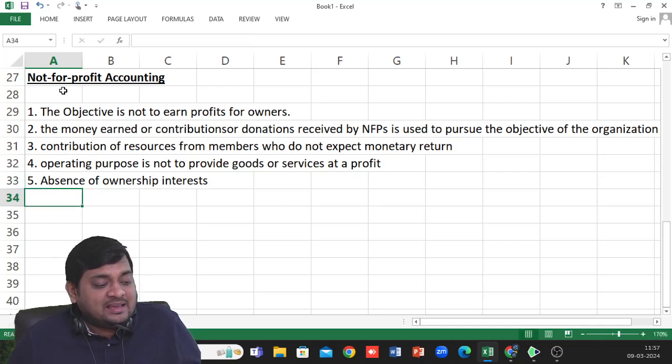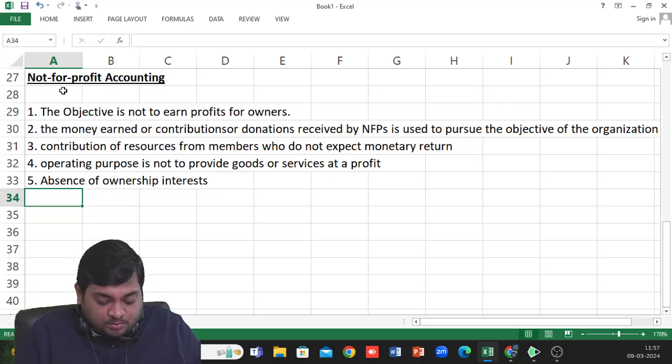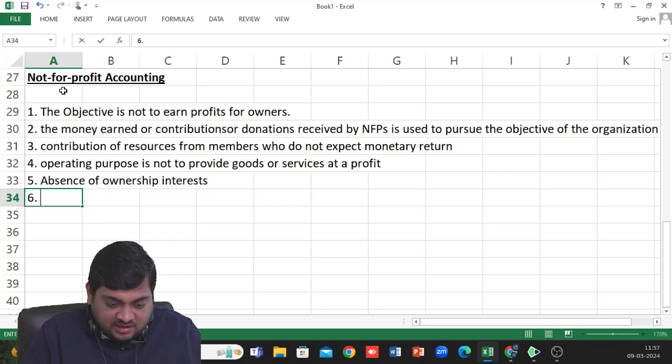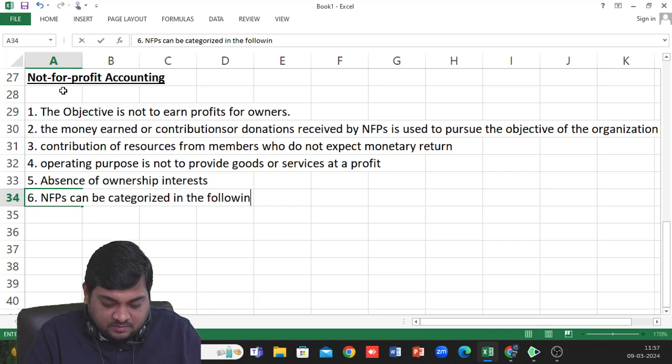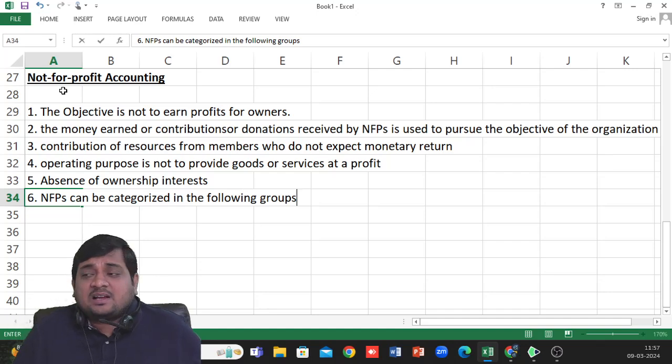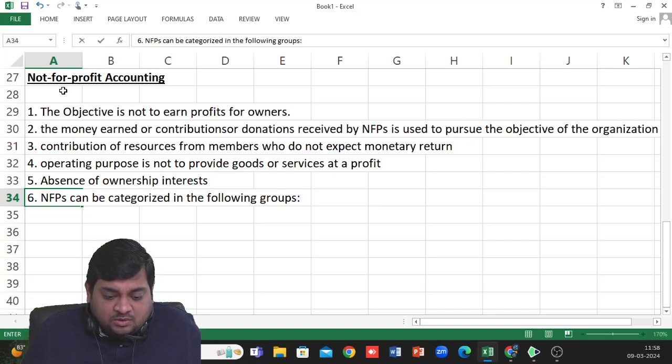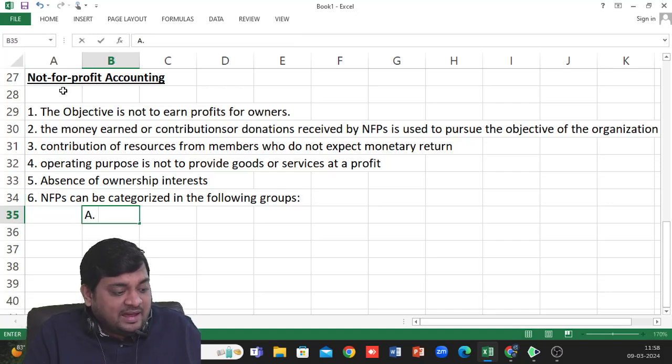Now it can be categorized, I just told you it can be categorized in many ways, right. And not for profit organizations can be categorized in the following groups so that we can understand its accounting and reporting requirements, right. So like we have say healthcare organizations, right.